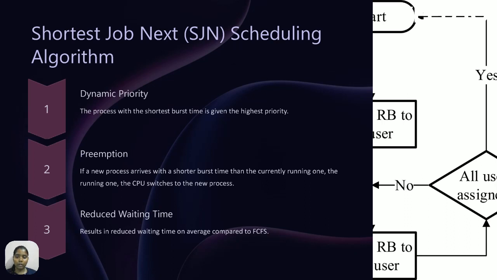Preemption: if a new process arrives with a shorter burst time than the currently running one, the CPU switches to the new process. And the third one is reduced waiting time, which results in reducing waiting time on average compared to FCFS.